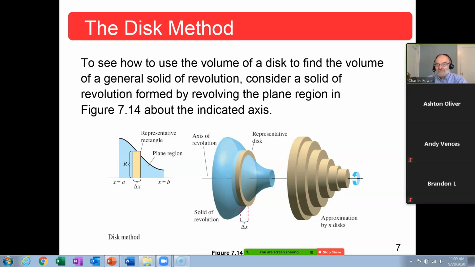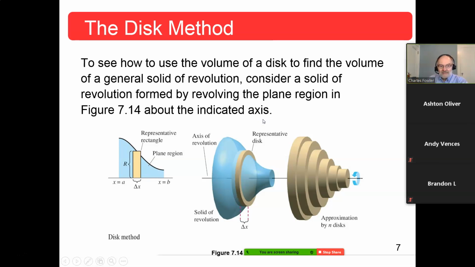The delta x's become the dx. You're going from a to b. Those are your limits on the integration. What is the radius here? It's whatever the f of x is minus whatever the axis is here.